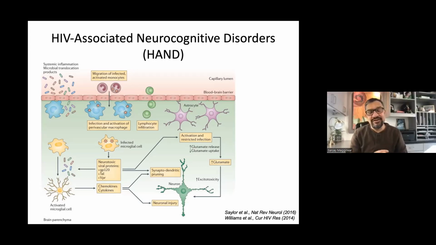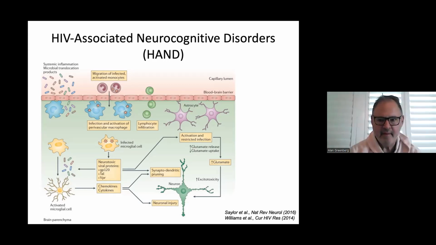Yeah, you're right, Alan. What Xiong is saying is that HIV enters the brain through infecting cells, and the cells migrate into the brain. And that migration is modulated by multiple factors. The platelet is one of those, and that's what we study.